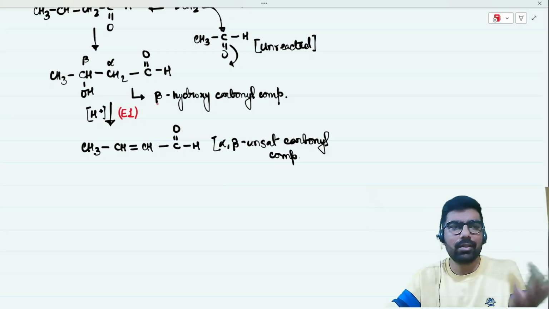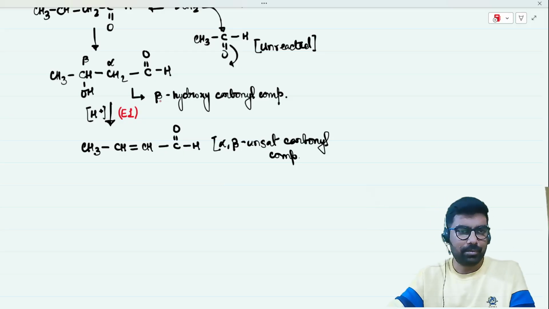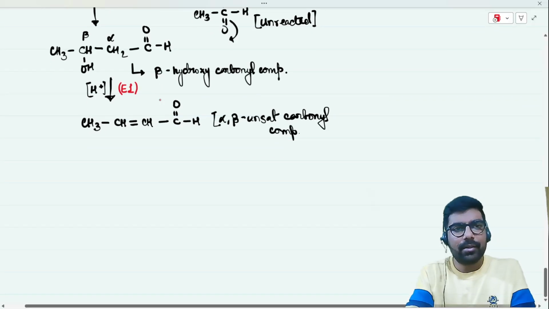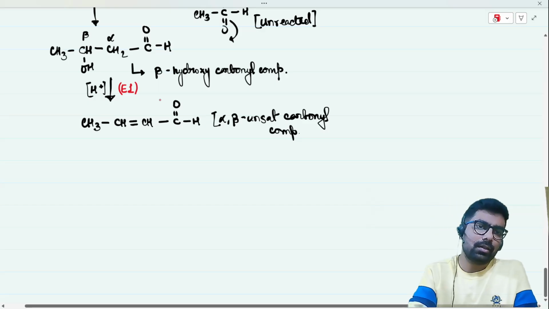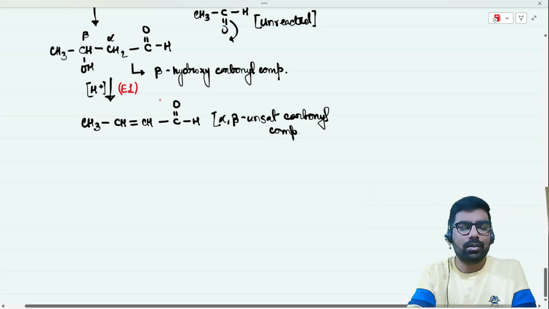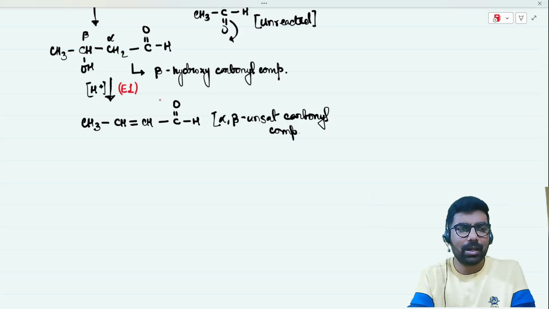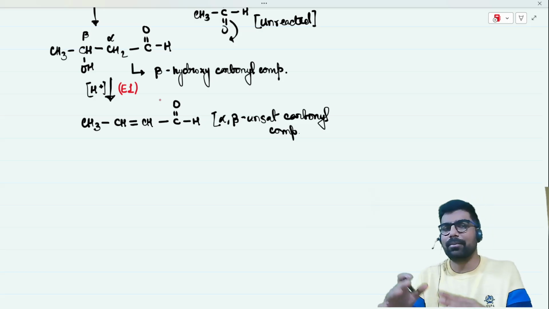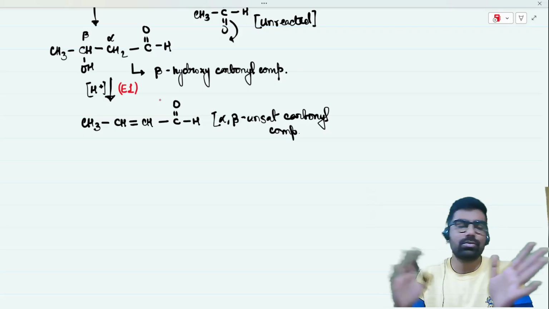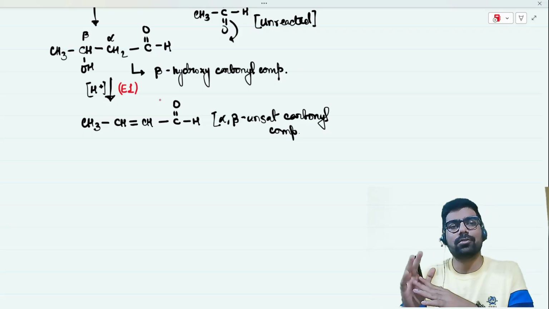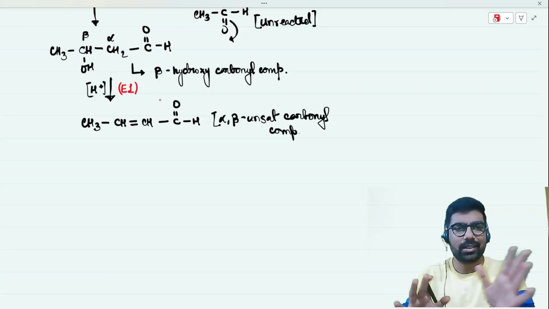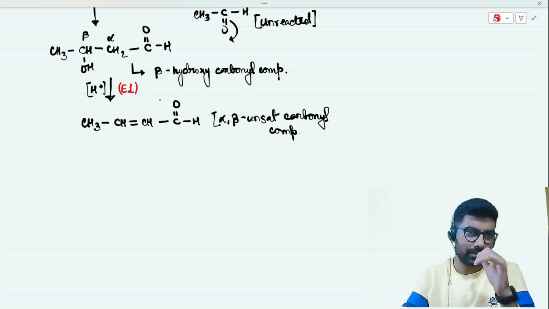Generally the question will come from the mechanism part. Okay, so that is the thing. And also between the OH minus, the aldol in the basic medium and aldol in the acidic medium, the basic medium is by far more important, a lot more important as compared to the acidic medium. Just for the sake of it, you have to know that the acidic medium aldol also takes place and the mechanism is something like this.